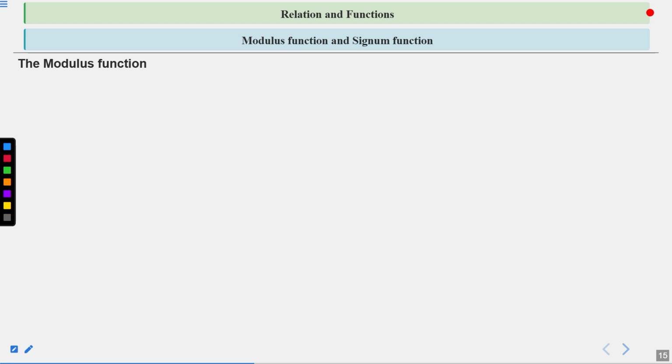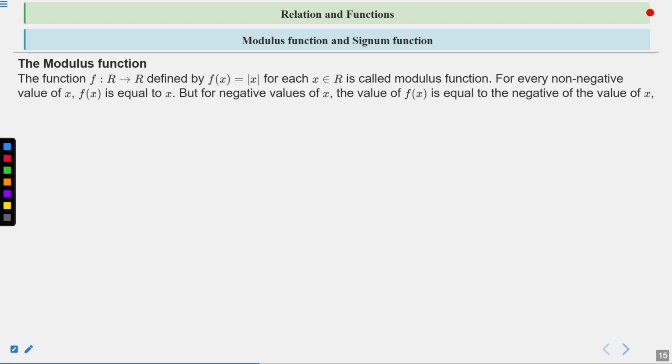Now modulus function. Simply a function defined from R to R, defined as f(x) is equal to mod x for every x belonging to the reals. We call it a modulus function. So for every non-negative value of x, f(x) is x, but for a negative value of x, f(x) is negative of x.